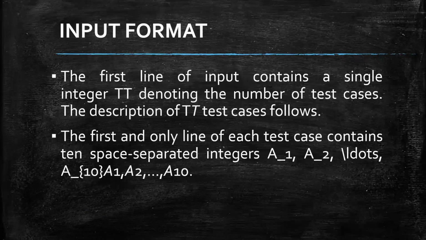Let us see what's the input format. The first line of the input contains a single integer T denoting the number of test cases. The description of T test cases follows. The first and only line of each test case contains 10 space separated integers from A1 to A10.